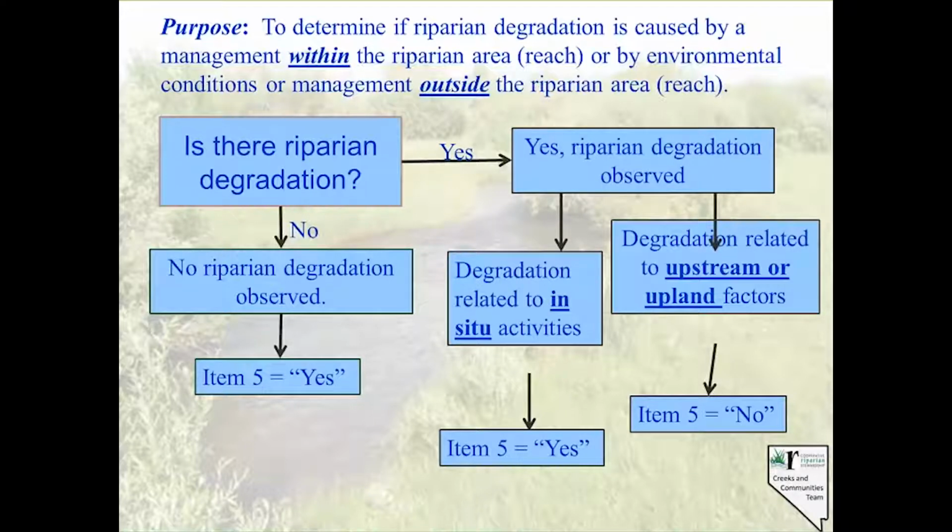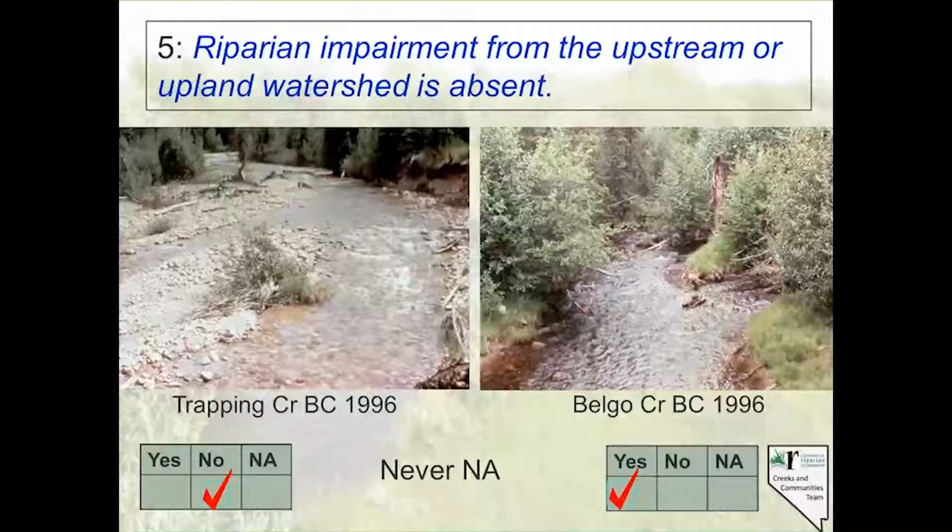And then we'll just go back to this example here. So on the left, this trapping creek, what we've got here is an excess of sediment, and you can see in the photo we've got a little bit of erosion on some steep banks there, but the majority of that sediment is not coming from that site. It's coming from an upstream issue that's outside of the reach that was being assessed.